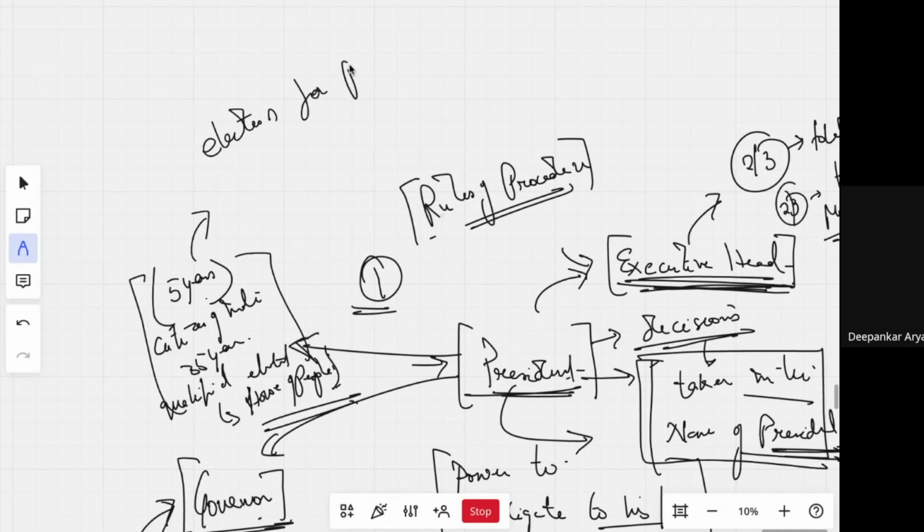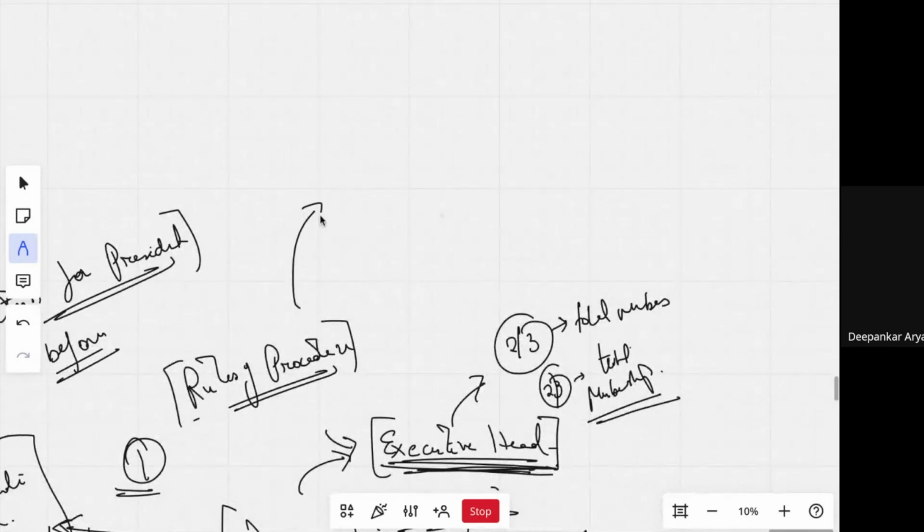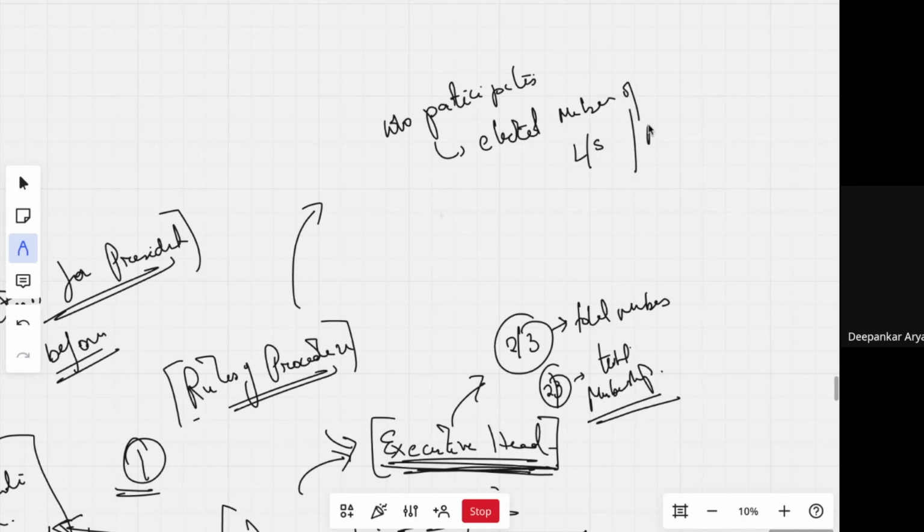Before the expiry of the term. Who participates? We have elected members of Lok Sabha, Rajya Sabha, then state legislative assemblies plus the legislative assemblies of Delhi and Pondicherry.